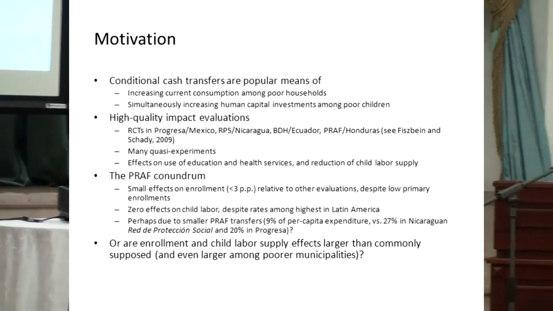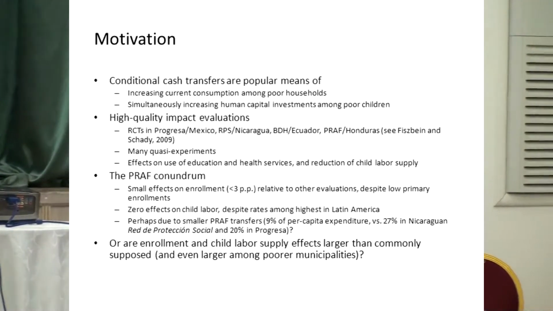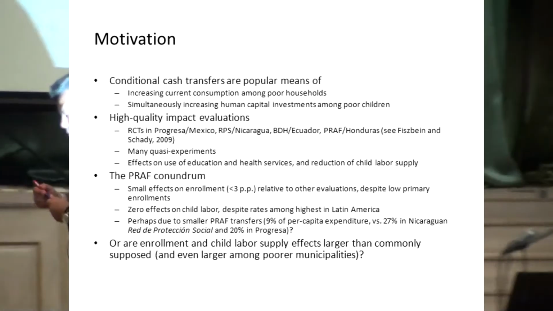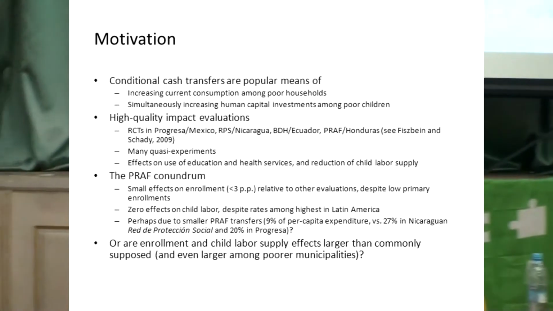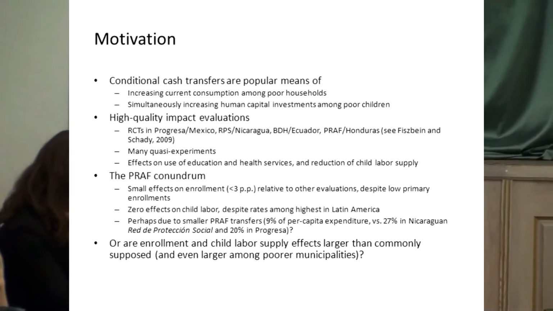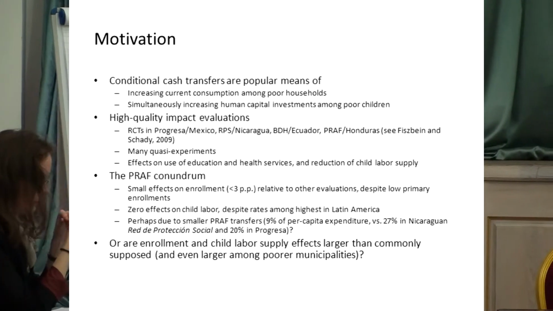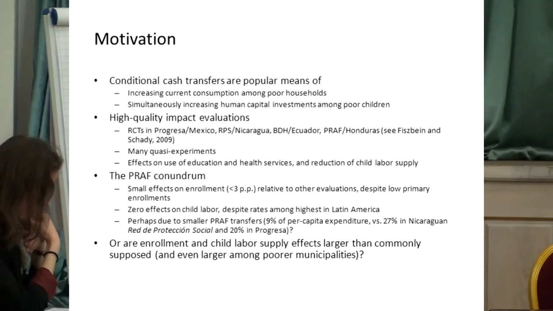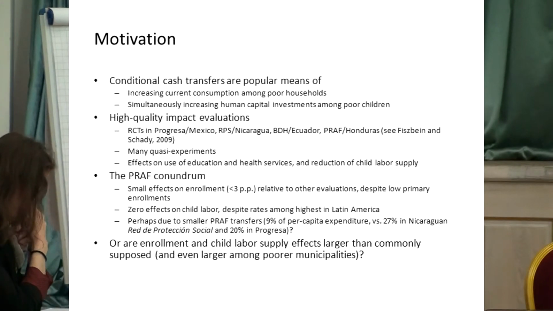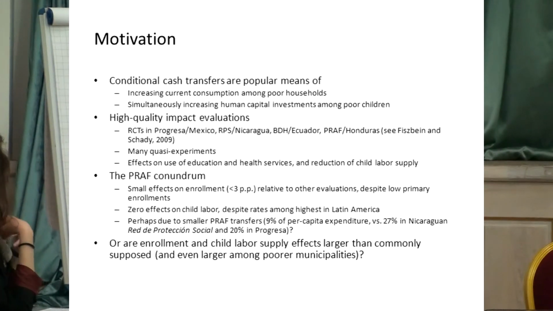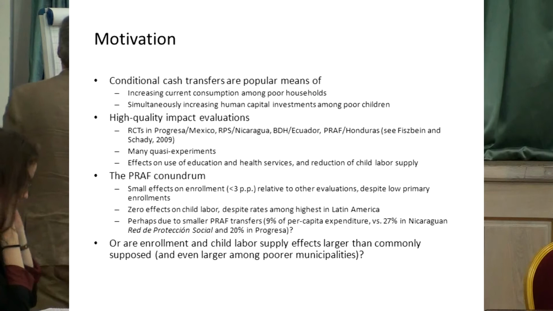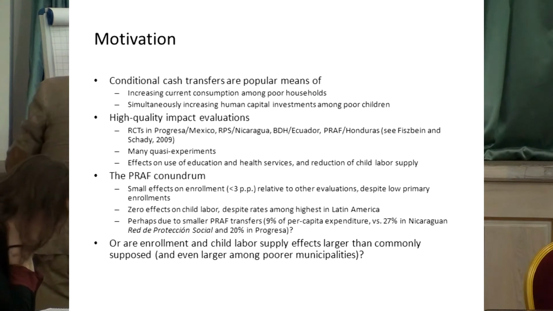So let me give you an absurd example. Once I was asked to look at a paper that looked at the privatization of water services and access to services in Ecuador. So the data was like this.